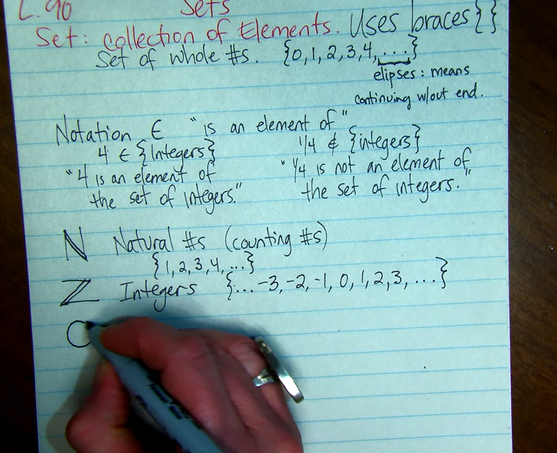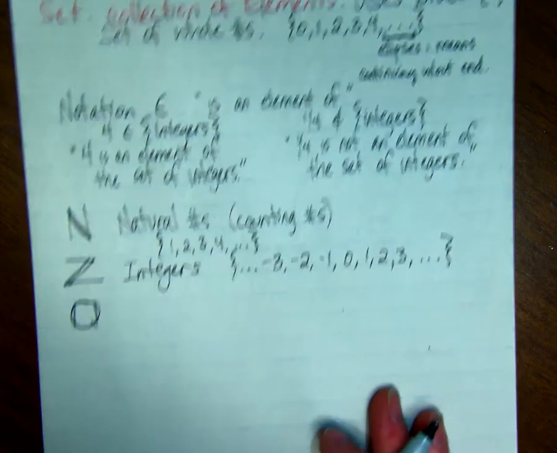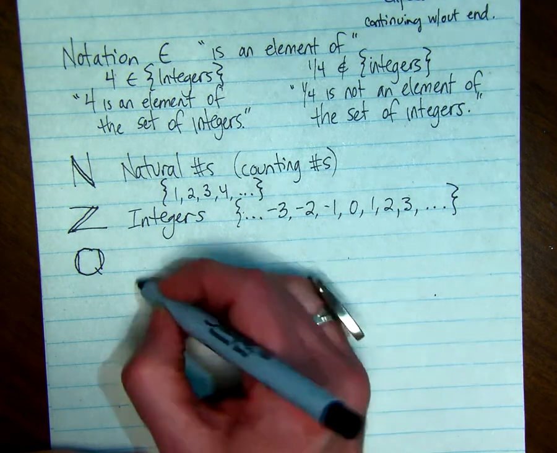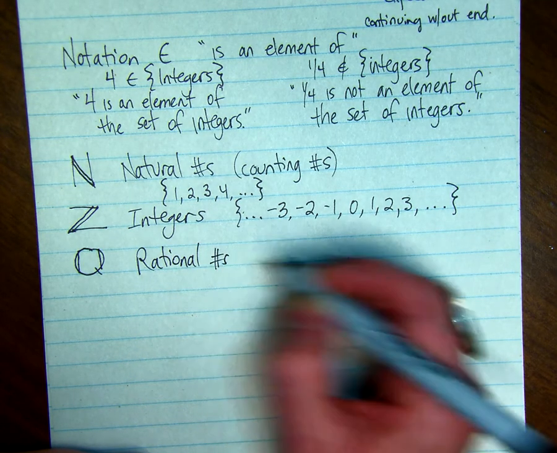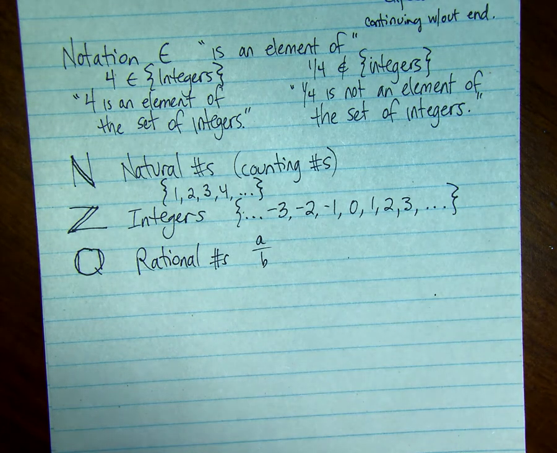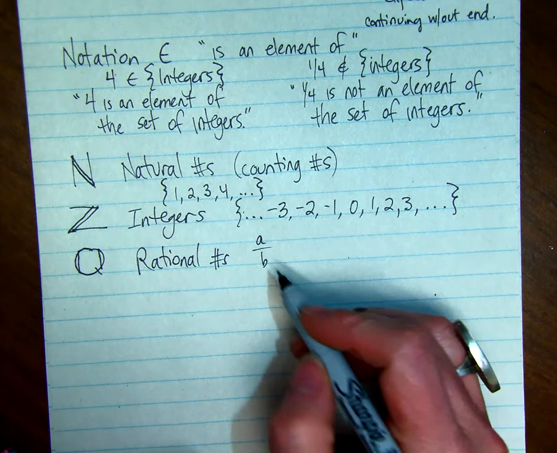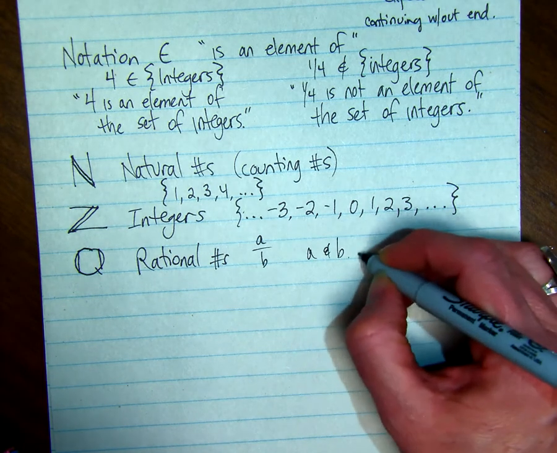A Q with straight lines on both sides is the rational numbers. All rational numbers can be written as a fraction with a numerator and a denominator of integers. So a and b are integers.